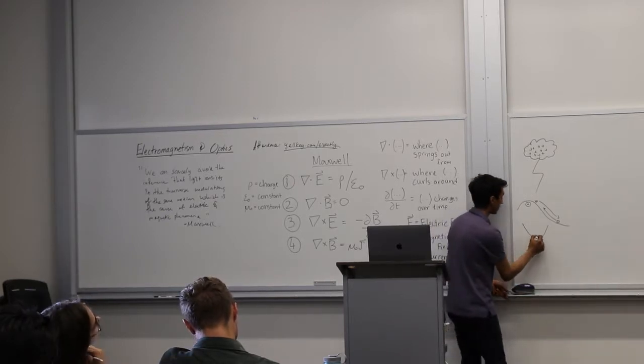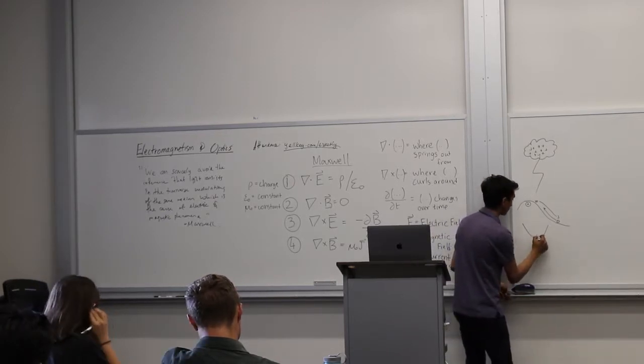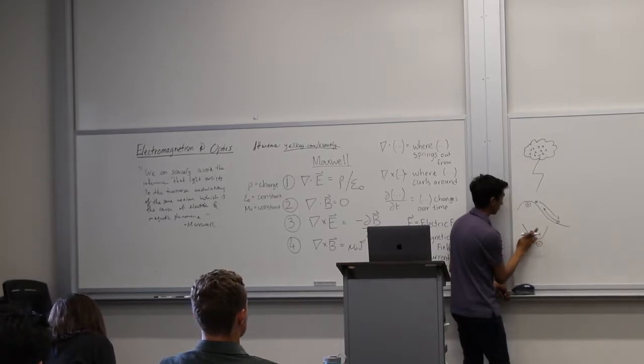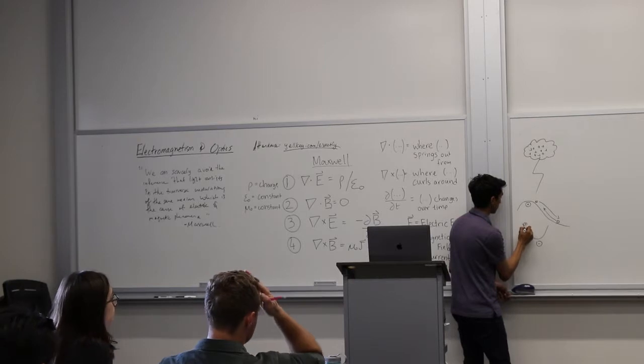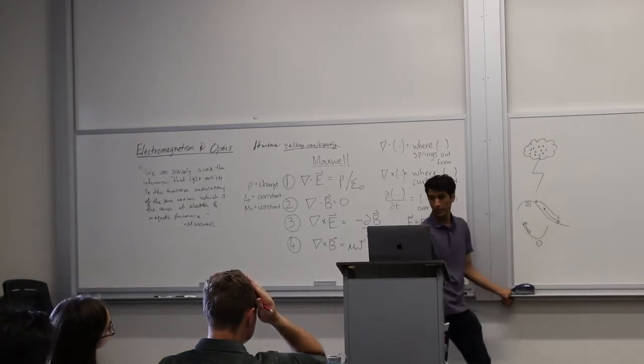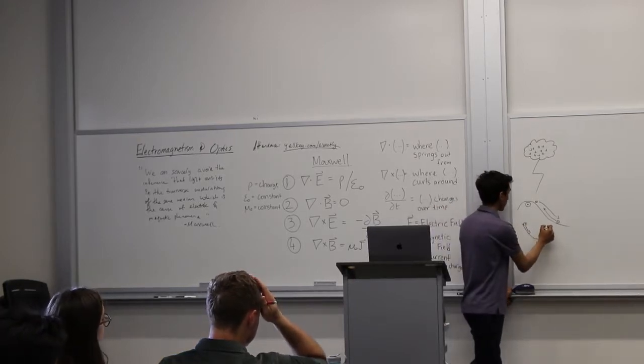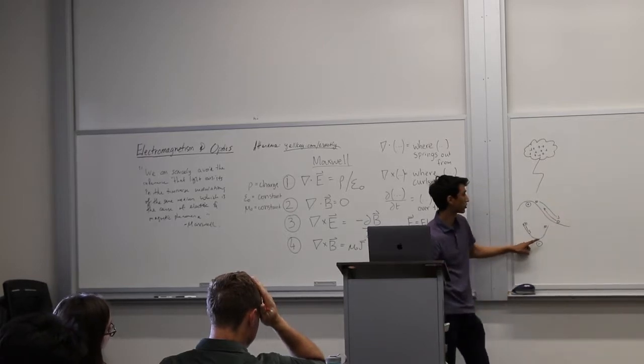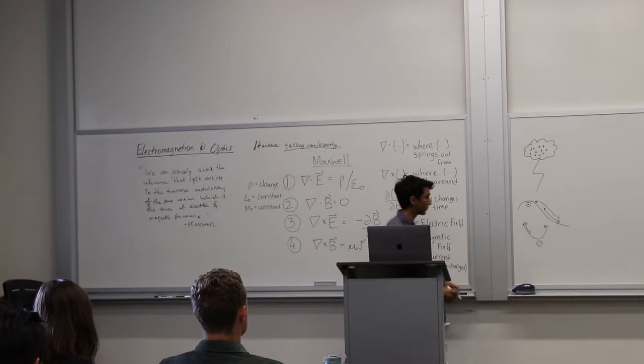So if you have a positive charge, they'll tend to roll down the hill, and negative charges roll up hills, right? So negative charges will try to roll away from the valley.